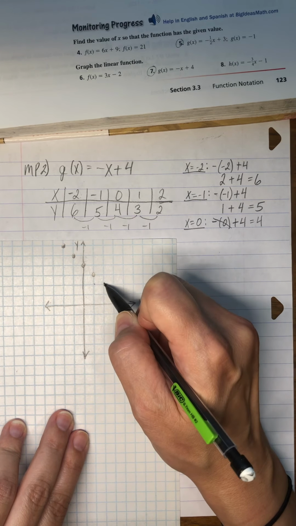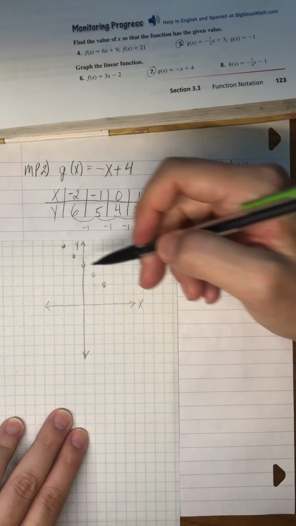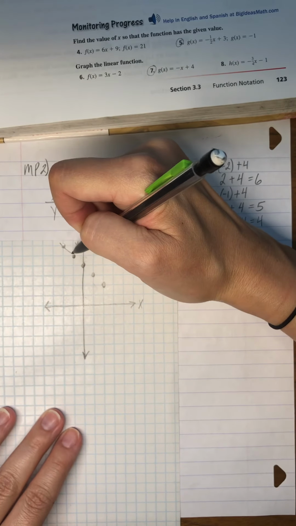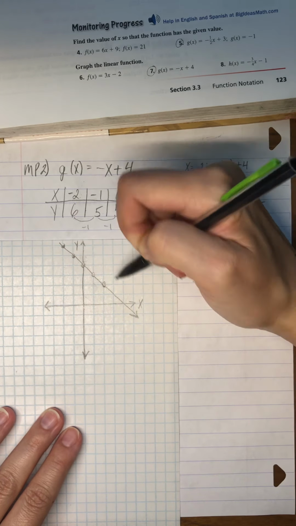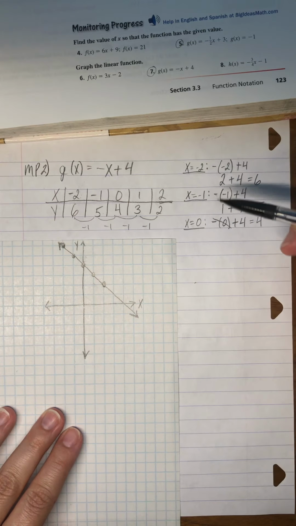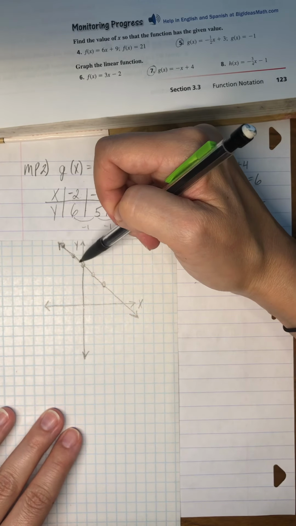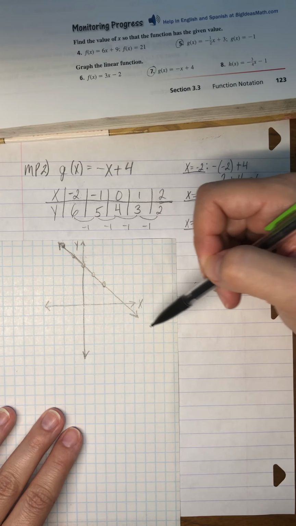And then 2, 2. Okay, and then once you plot all these points, you're going to connect them with a line. When you connect them with your line, you're going to have an arrow on both ends to show that this line is going to go on forever, because it's a line, so it does continue on forever in both directions. So this should be your graph.